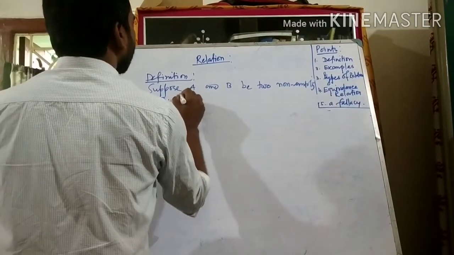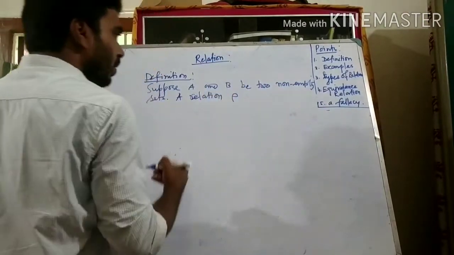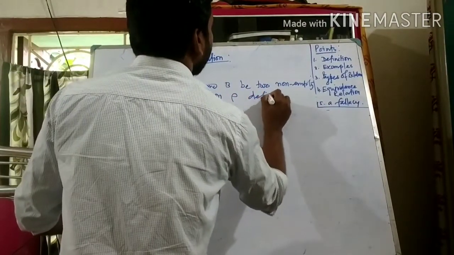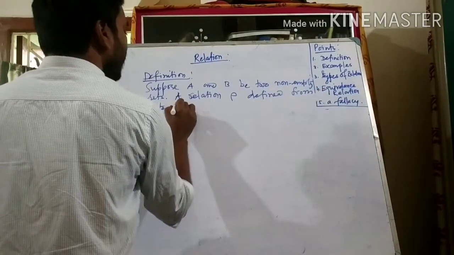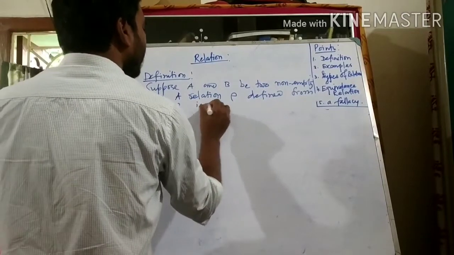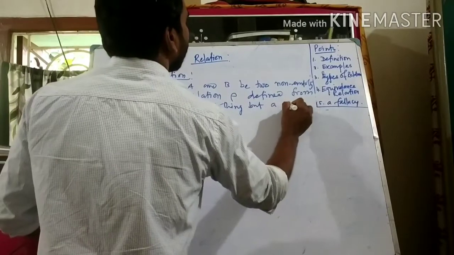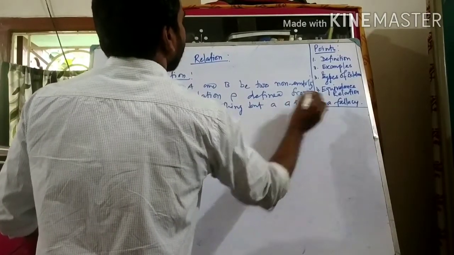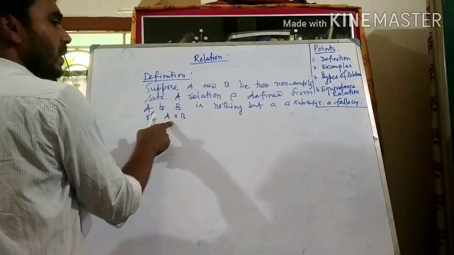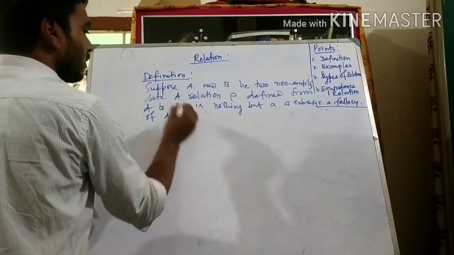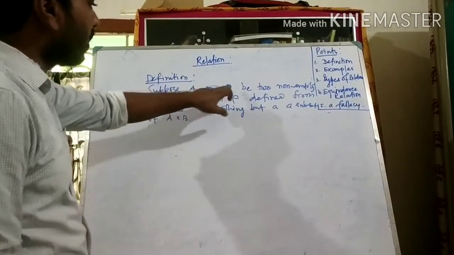A relation, say rho, defined from A to B is nothing but a subset of A cross B. A cross B means the Cartesian product of A and B. So this is the mathematical definition of a relation from a set A to a set B.